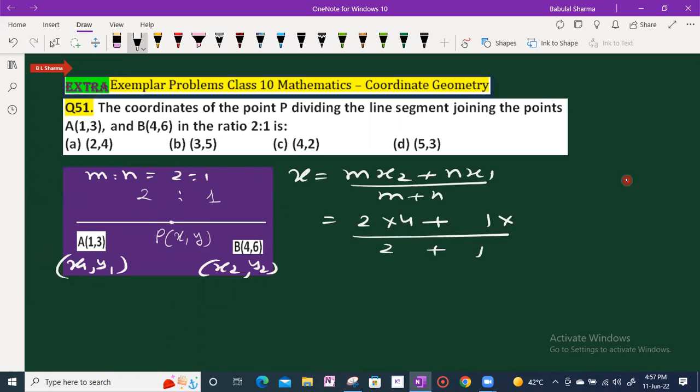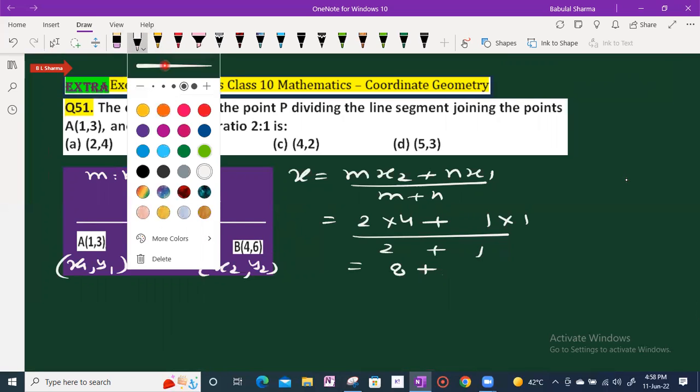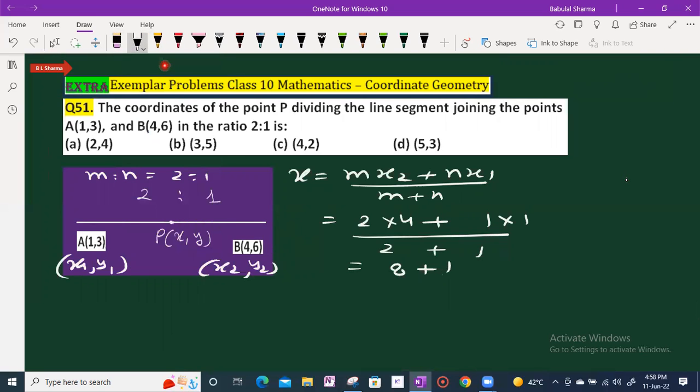And what is x1? 1. So that is 8 plus 1, divided by 3, that is 9/3, that is 3. So the x coordinate of point P is 3.